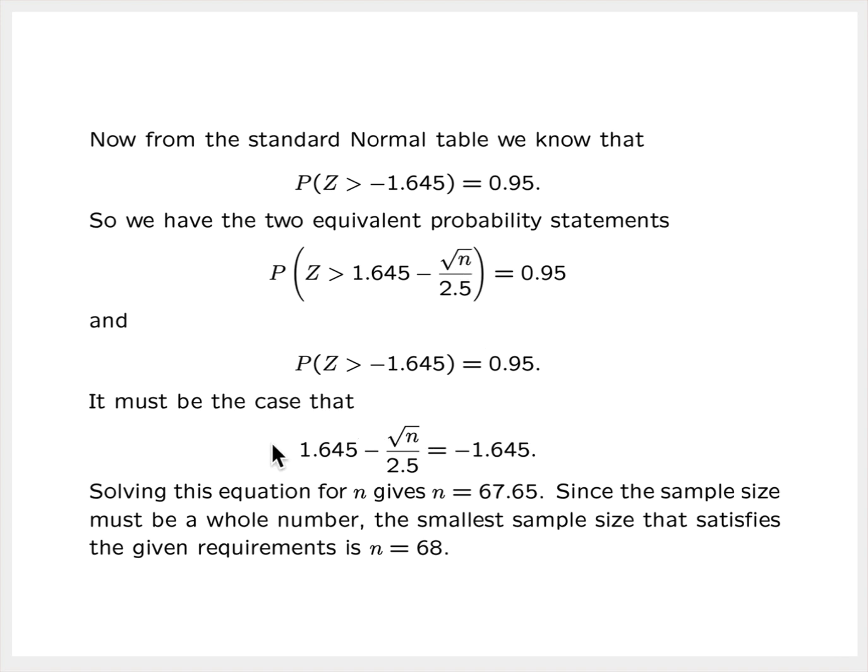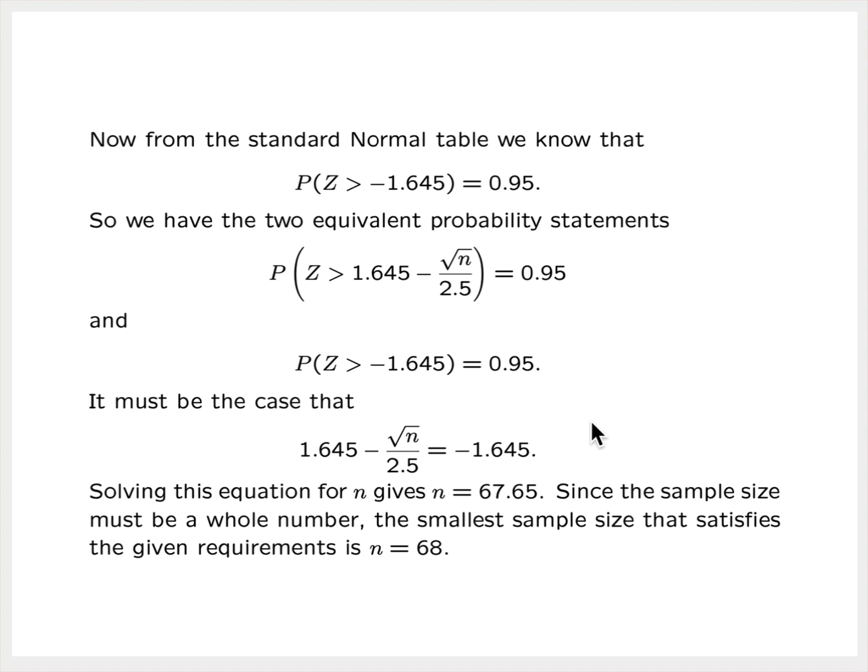In other words, 1.645 minus the square root of the sample size over 2.5 must be equal to negative 1.645. And so we have one equation with one unknown, which we can then solve for the unknown value of n. And when we do that, we get n equal to 67.65.